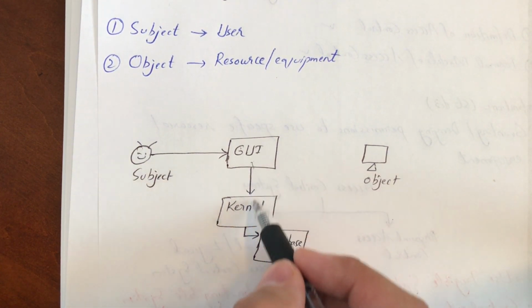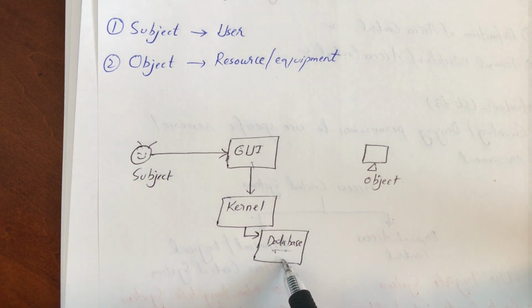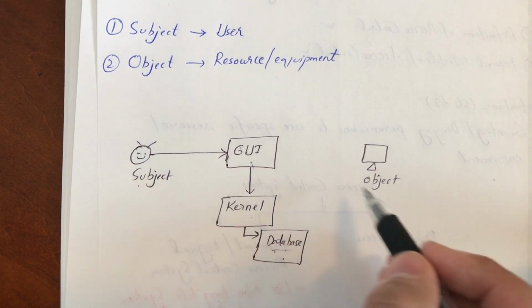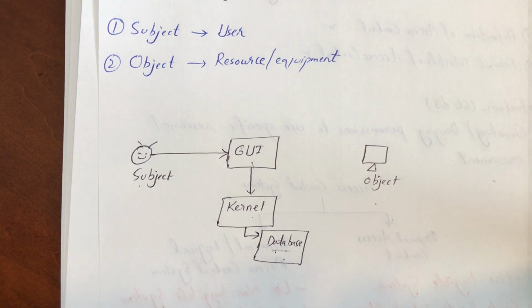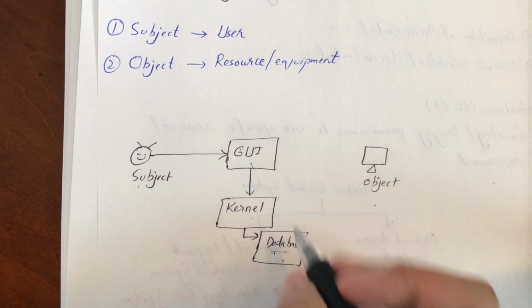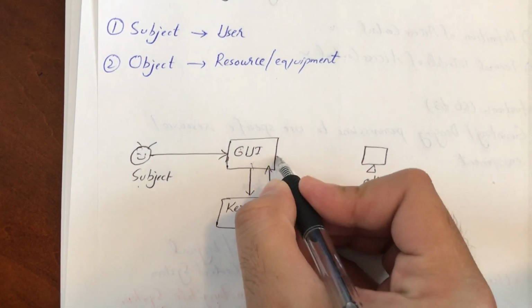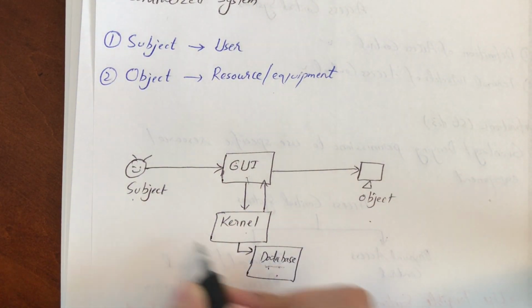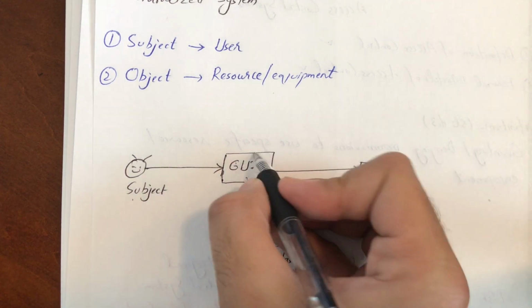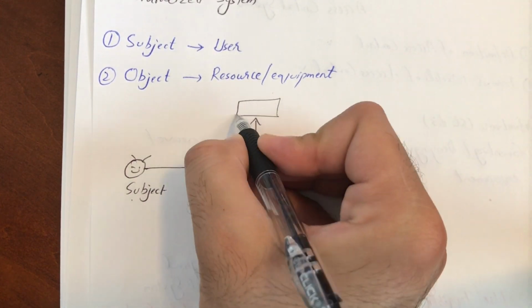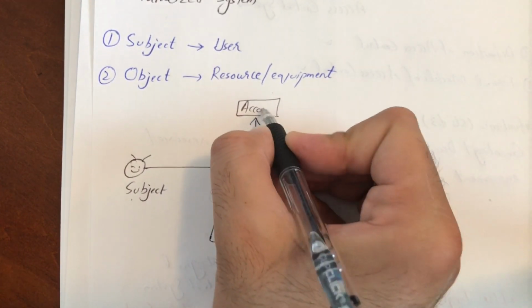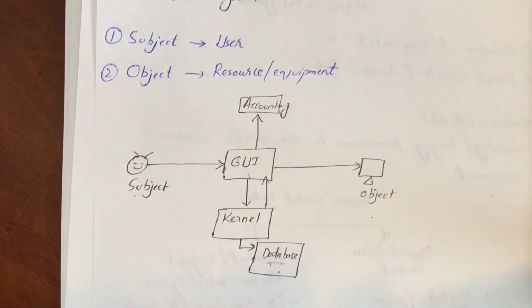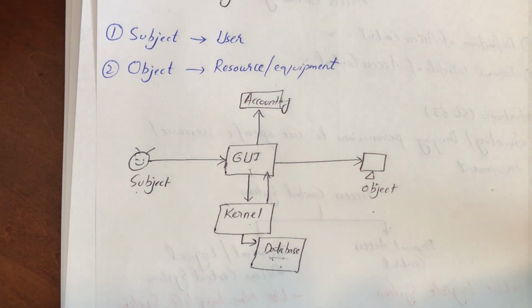This request will be intercepted by the kernel. The kernel will refer to the database and see whether this subject can access this object or not. Based on the rules and the database, it will then either allow or deny it. And after the kernel allows the subject to access the object, it also activates the accounting log, to start logging the activities of the user.